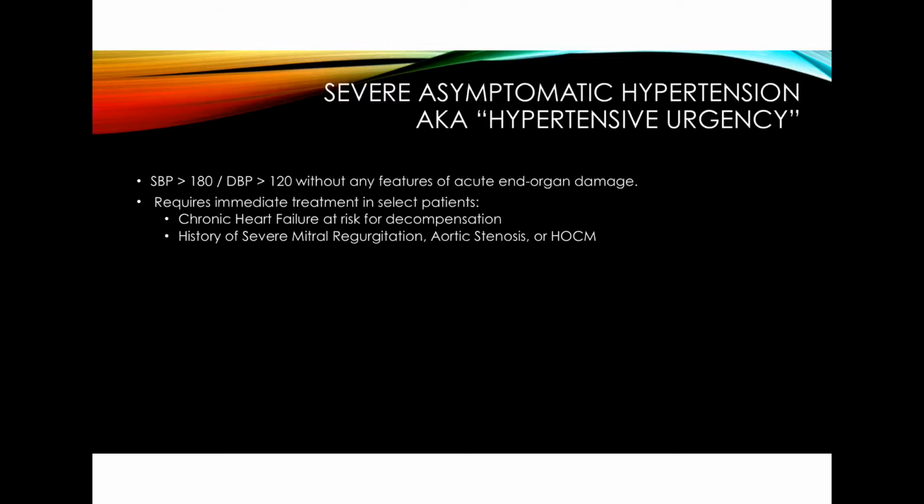Again, these are patients where increased afterload can be very detrimental to their hemodynamic function. Patients with known intracranial or aortic aneurysm, in which case the significant increase in blood pressure might make those conditions more likely to rupture and lead to life-threatening emergencies. Patients with active coronary disease, and patients with history of a stroke.